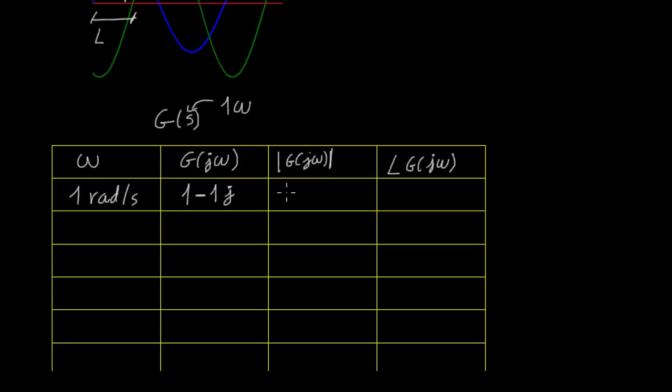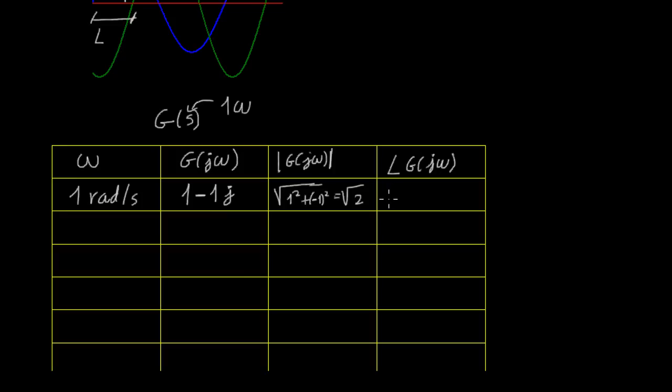Well, in that case, the magnitude would be the square root of the real part squared plus minus 1 squared, that's the square root of 2. So the amplitude of the output sinusoid is going to be the square root of 2 times bigger than the amplitude of the input sinusoid.